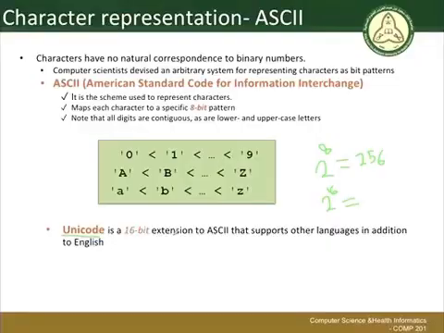The Unicode is able to represent the English characters, and in addition is able to represent other languages. But the difference between the Unicode and the ASCII is the way of the representation. In the ASCII we use 8 bits, in the Unicode we use 16 bits.